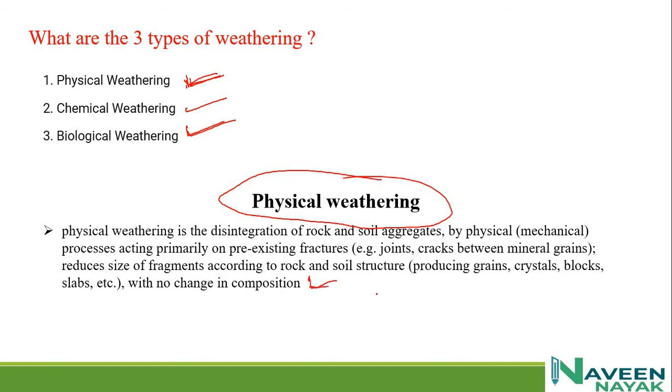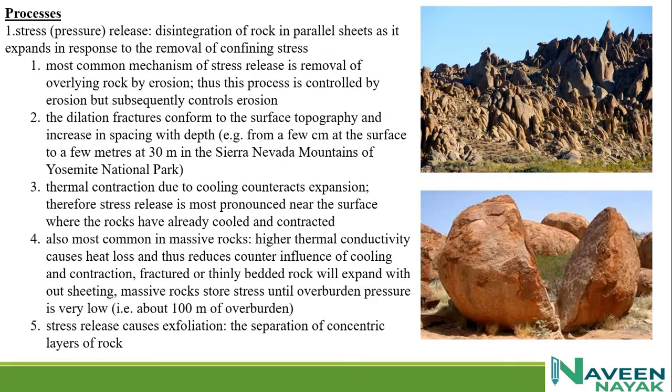In physical weathering, it will occur due to mechanical forces. You can see here how the disintegration takes place, how the rock is cut into two halves. You can see in this book also how these rocks are disintegrated from each other.